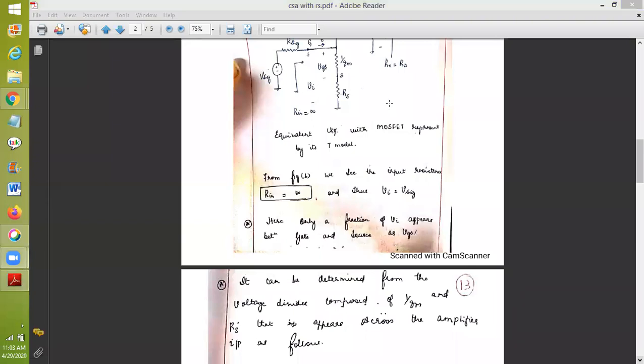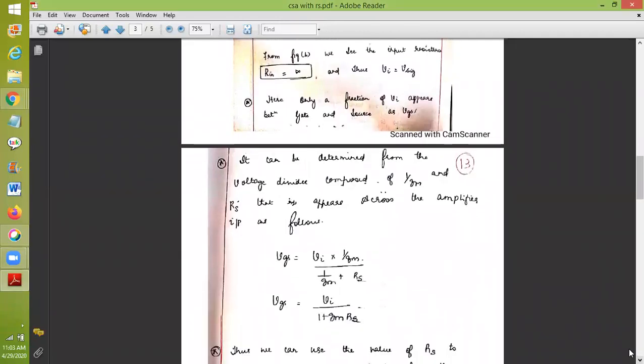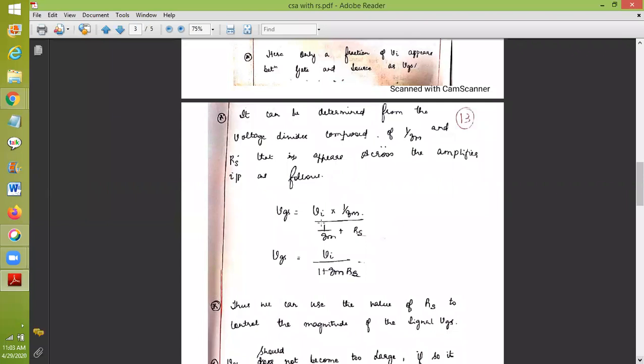So I repeat, how to find this small VGS? Main voltage Vi into 1 by Gm divided by 1 by Gm plus Rs. That is how we apply the voltage divider rule. I have written here VGS is equal to Vi, the main voltage, into 1 by Gm, the resistance across which the drop is VGS, divided by the sum of the two resistances.